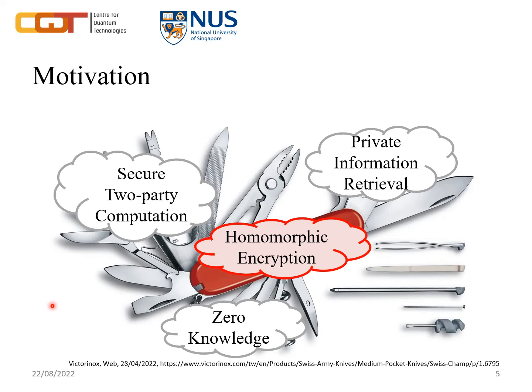Such cryptographic primitives include secure two-party computation, private information retrieval, and zero-knowledge proofs. We say that we can reduce this primitive to homomorphic encryption when these primitives can be constructed with homomorphic encryption.